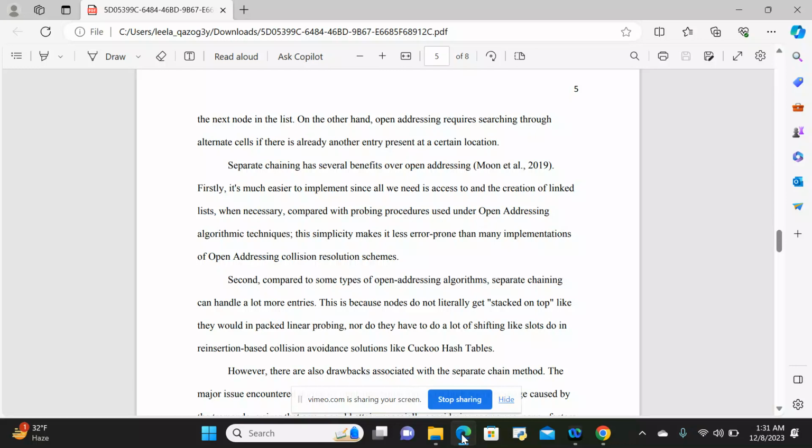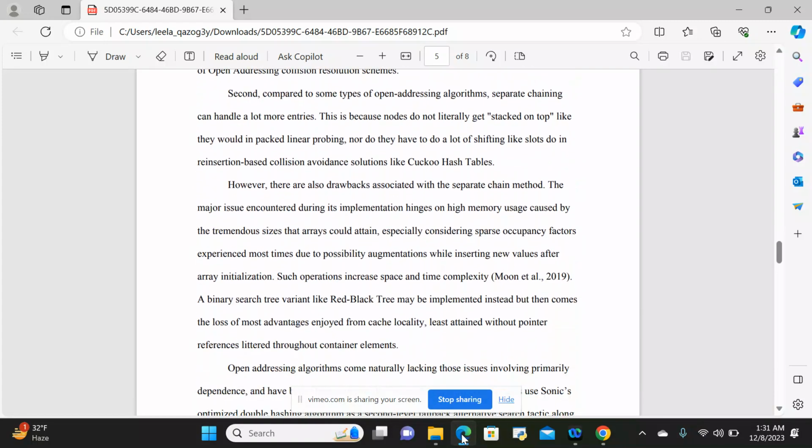Open addressing has several benefits over separate chaining. Firstly, it's easier to implement since all we need is access to arrays, compared with linked lists, which are necessary in separate chaining. This makes it less error-prone.